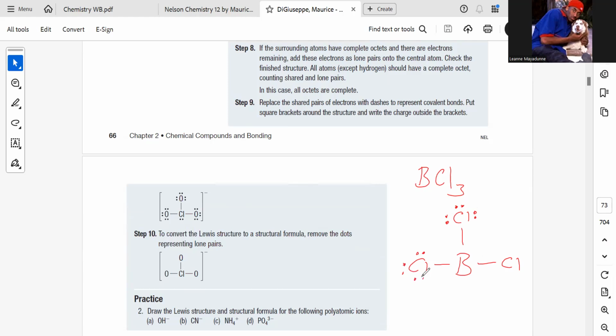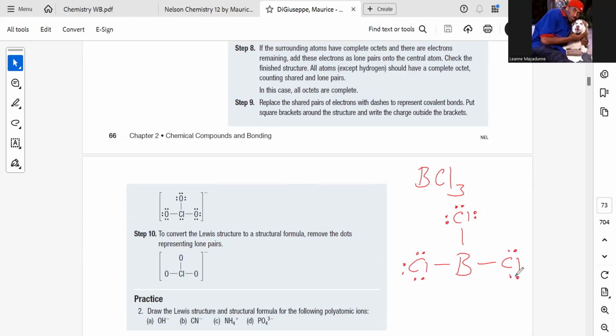Sorry, I think you're on mute. The structure that you drew is incorrect, and I want you to guess the reason. Check the structure that you drew. There are 22 electrons instead of 24.